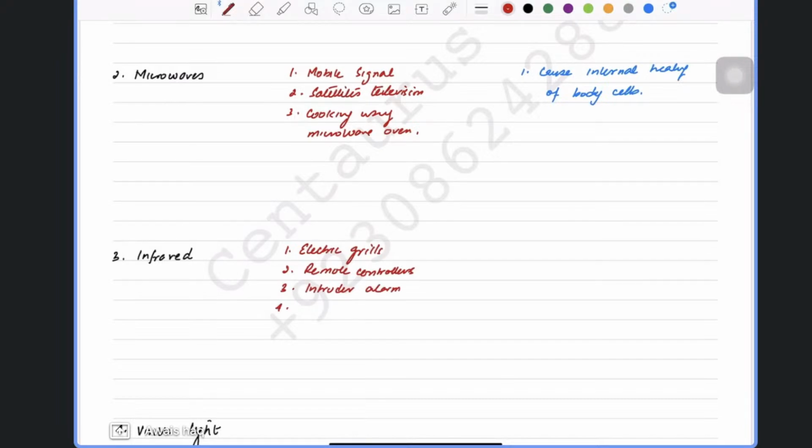Body heat releases infrared, and also thermal imaging, like at night you can see night vision, stuff like that, and also optical fibers. The bad part about them is that they cause burns, because they're very hot.